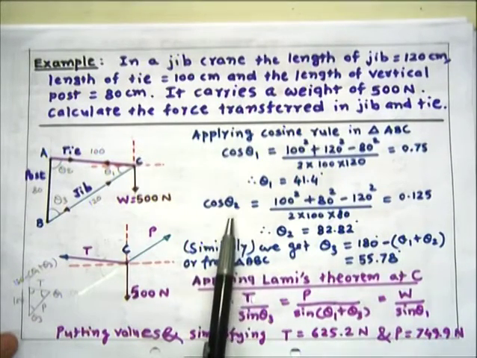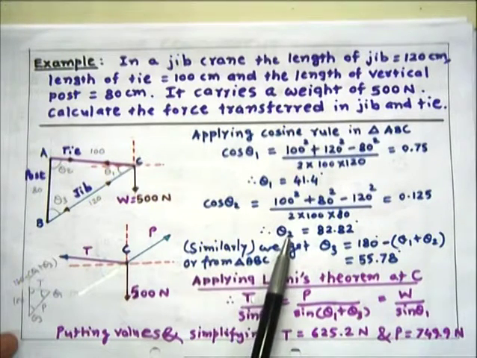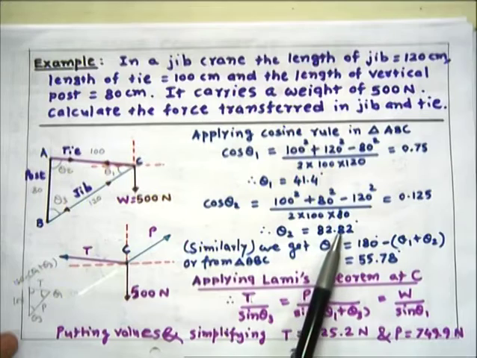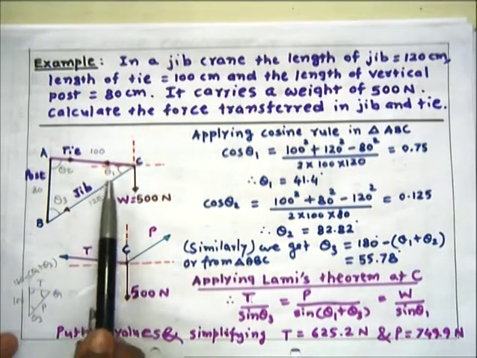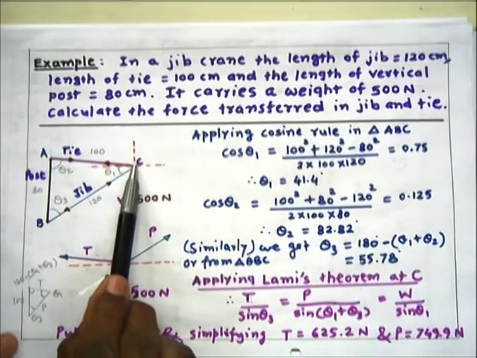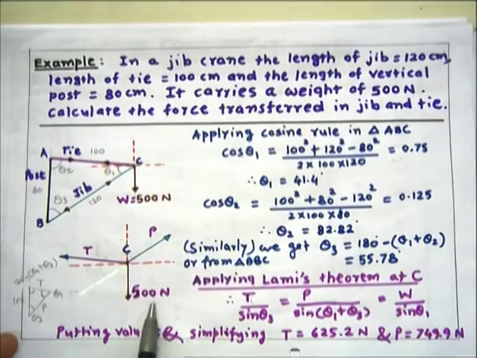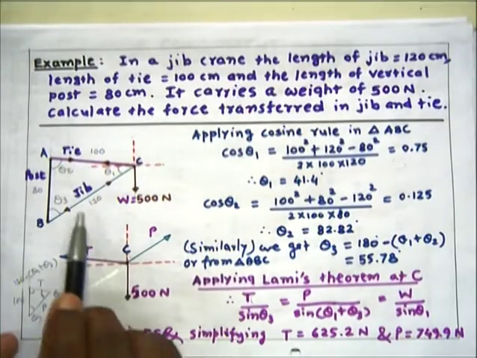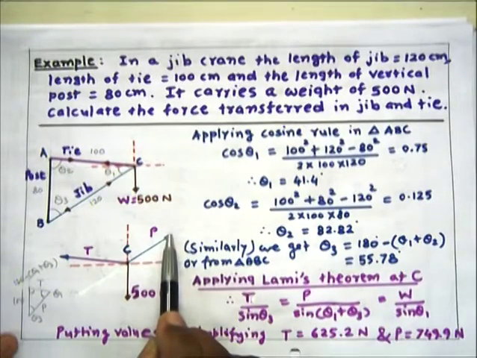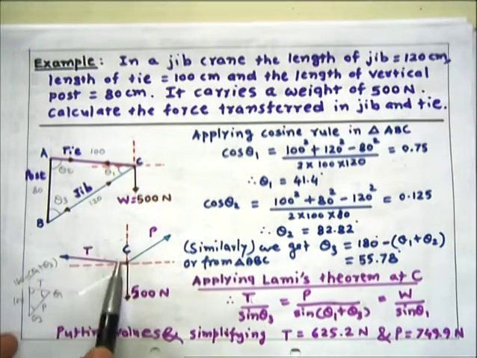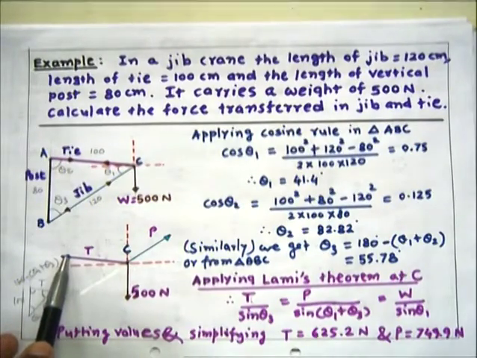So taking the inverse of this cos, we have theta 2 equal to 82.82 degrees. Then drawing the free body diagram at point C, we will have the 500 Newton force here, the force in the jib, say that is P, which is compressive in the jib, and in the tie, parallel to that force, T.